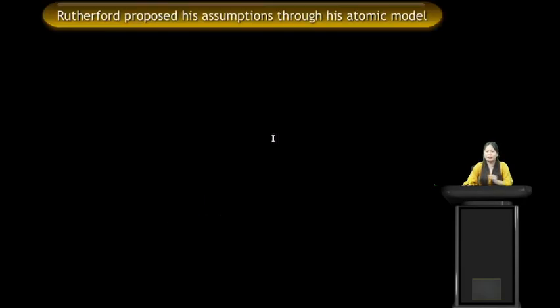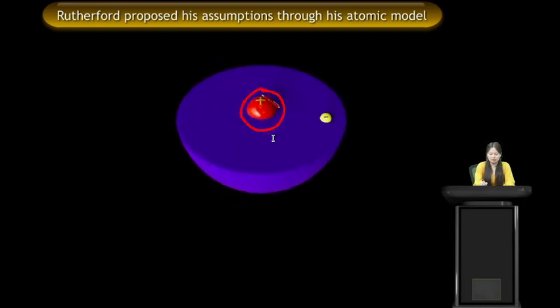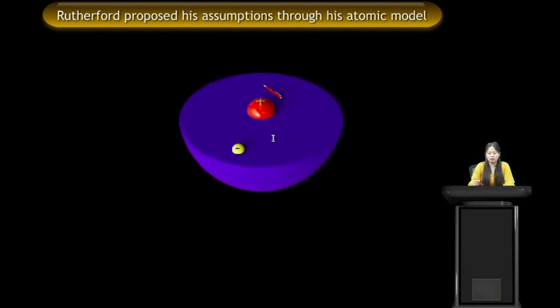So based on the observations from his experiment, Rutherford proposed his assumptions through his atomic model. According to Rutherford, there is a nucleus, which is positively charged, and the electrons revolve around the nucleus in a definite orbit.